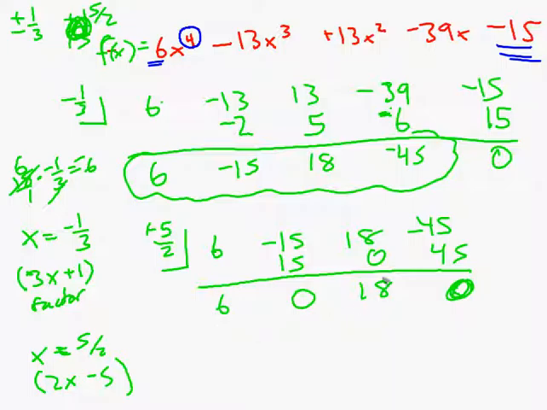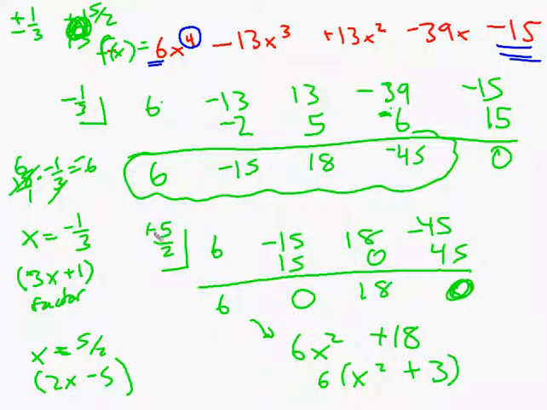Now, I don't want to divide this synthetically. Well, why not? Well, because I'm down to a quadratic. 6x squared, 0x plus 18. At this step, I could factor out a 6 and get x squared plus 3. Do you see where I got that? How did I know that it was x squared?